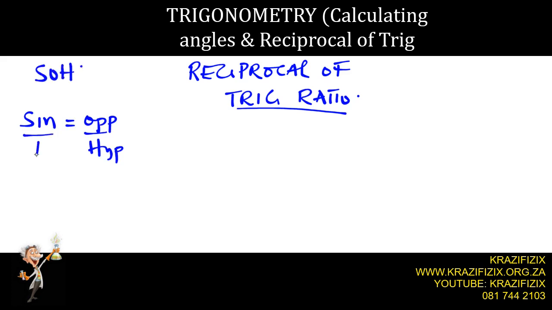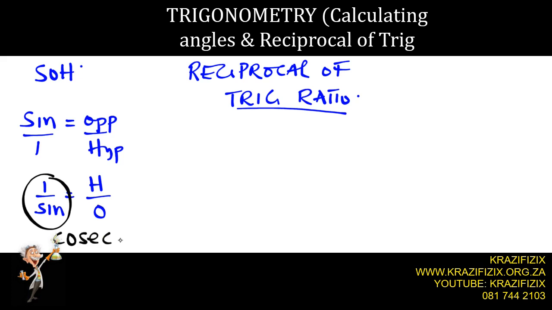Now, if I reciprocate it, I'm going to have 1 over sine, and that will be hypotenuse over opposite. What is the name of 1 over sine? It is called cosec. So basically we're saying cosec is equal to 1 over sine.